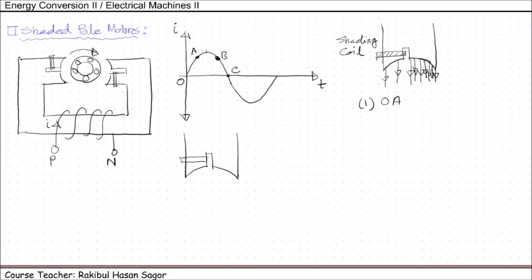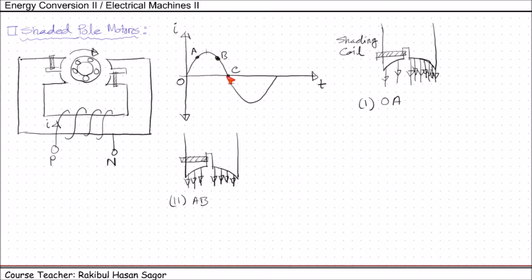So as there is no change, this shading pole will not have any effect. Consequently, the flux distribution at every portion of this pole will be same. So this portion is for AB portion current.